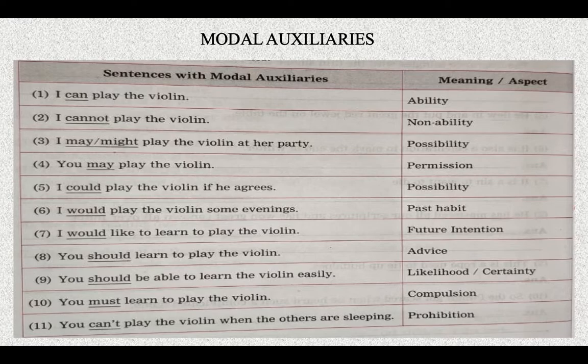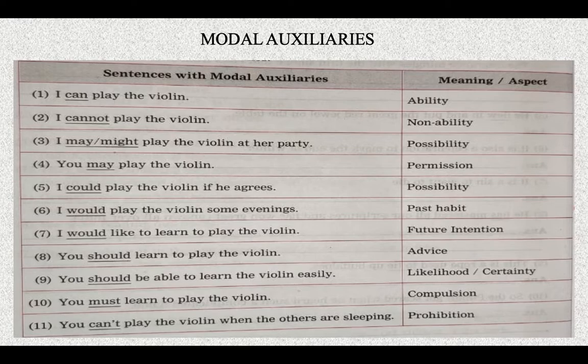Similarly, I want all of you to read the remaining of these sentences. So you need to remember that modal auxiliaries, first and foremost, are helping verbs. Examples of these verbs are am, is, are, was, were, have, has, had, can, could, shall, should, may, might. All these are examples of modal auxiliaries.